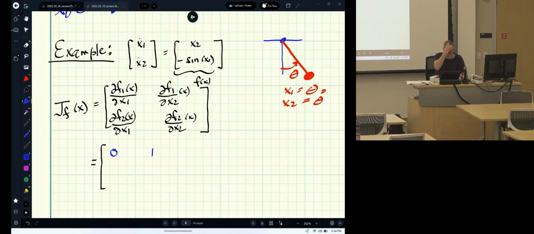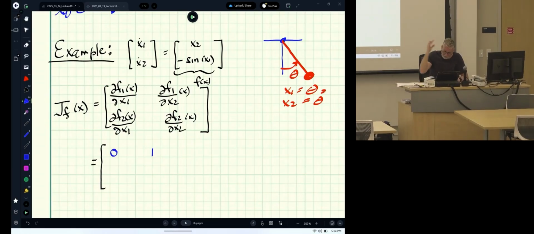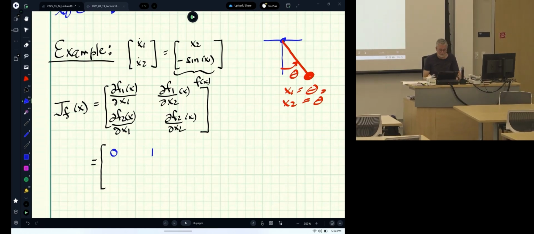Okay, so that's the first row. Second row, we do the partial derivative with respect to x1. Derivative of sine is cosine. And then the partial derivative with respect to x2, 0 again, okay? So we get a lot of zeros.